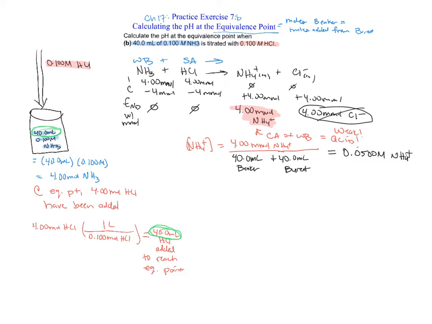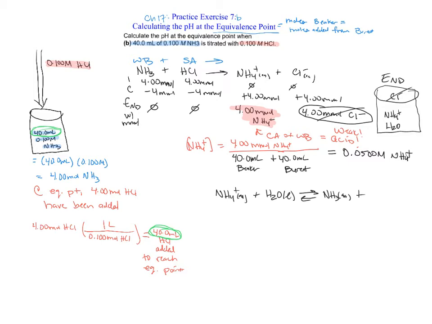So now I know the molarity, so I can look at my equilibrium reaction. And I know I'm going to do that because in my beaker, at the end, I have chloride that we ignore. It doesn't affect the pH. I have ammonium, and I have water. So the only two things that can react are my ammonium and water. And this again is my weak acid hydrolysis reaction. So I produce NH3, the conjugate base, and hydronium.